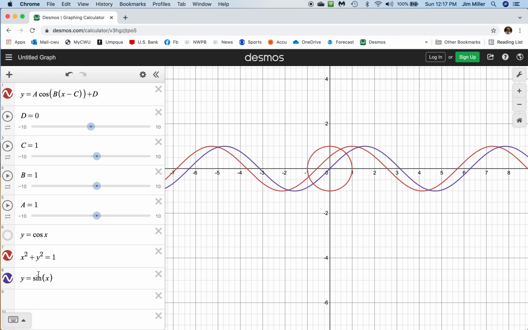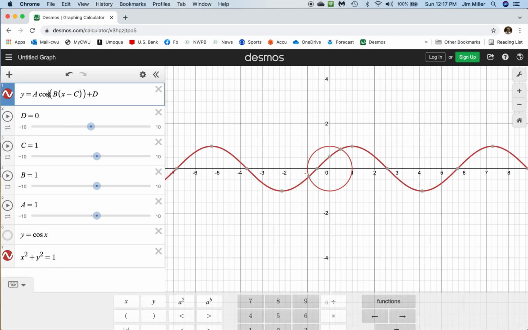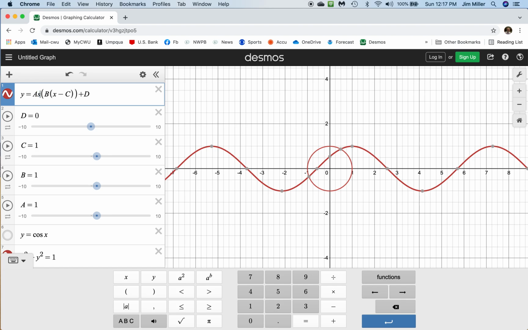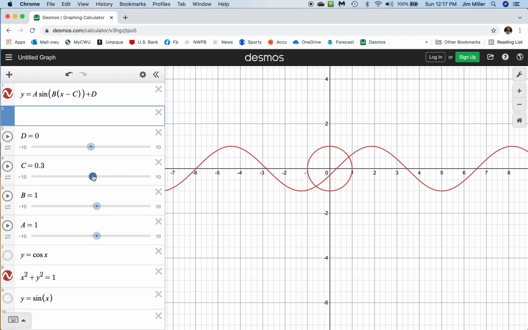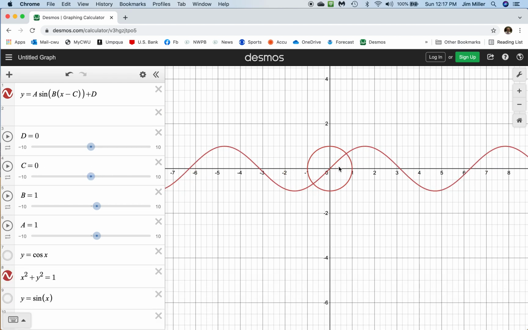Okay, so now everything that worked for the cosine curve does the same for the sine curve. So if I turn off the blue one and make this red one be the sine curve, now you can see that I haven't moved up or down. The c is 1 sideways, so let's move it back to 0. There's the sine curve.